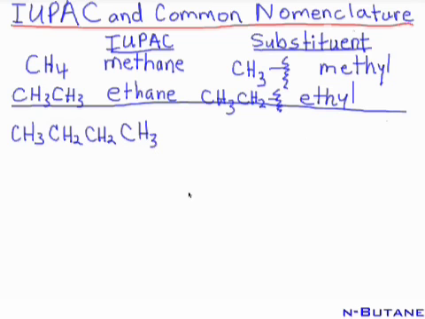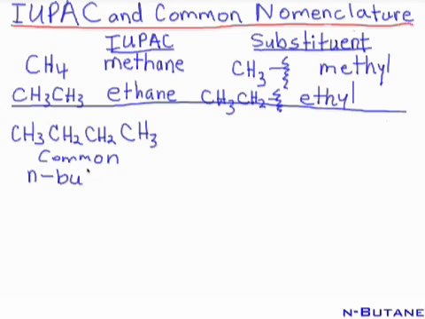Now, butane was an interesting molecule because historically, butane was a name used for two molecules. In IUPAC, this molecule is called butane, but its original common name, so we can put common here if you like, was n-butane.